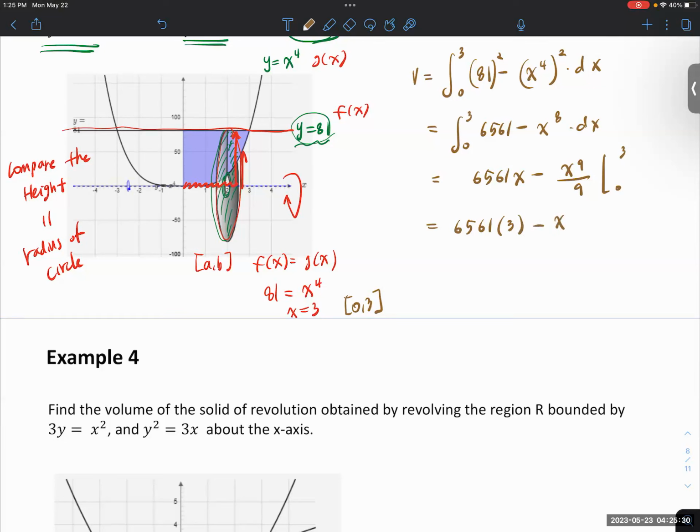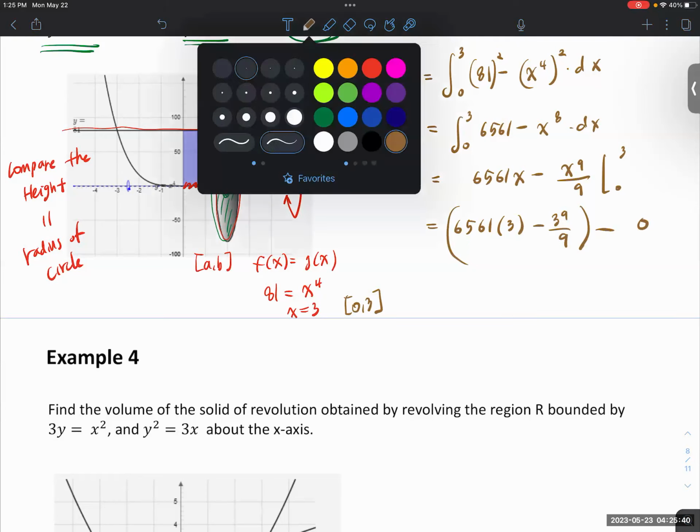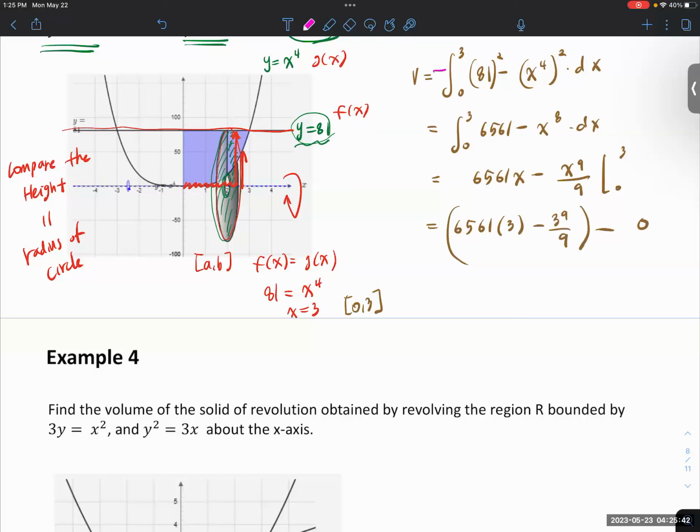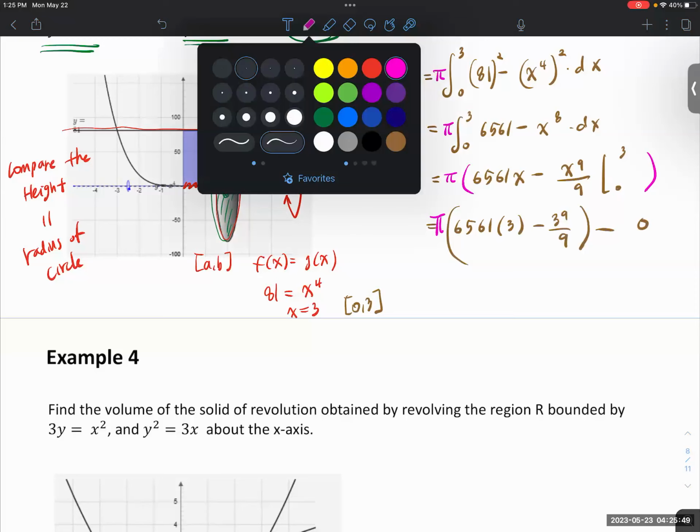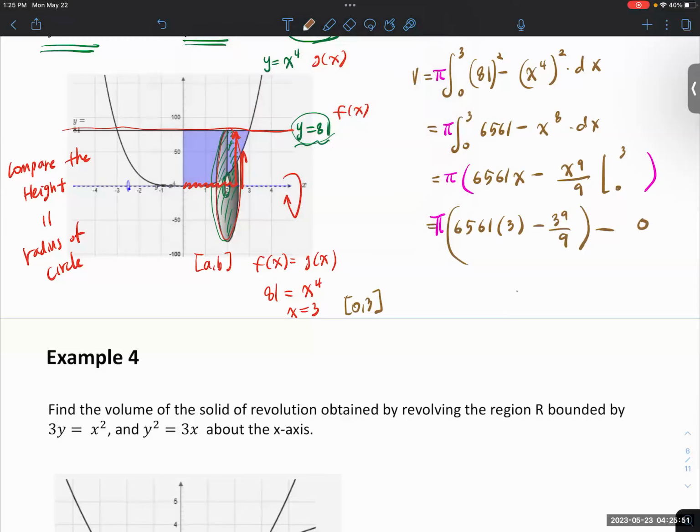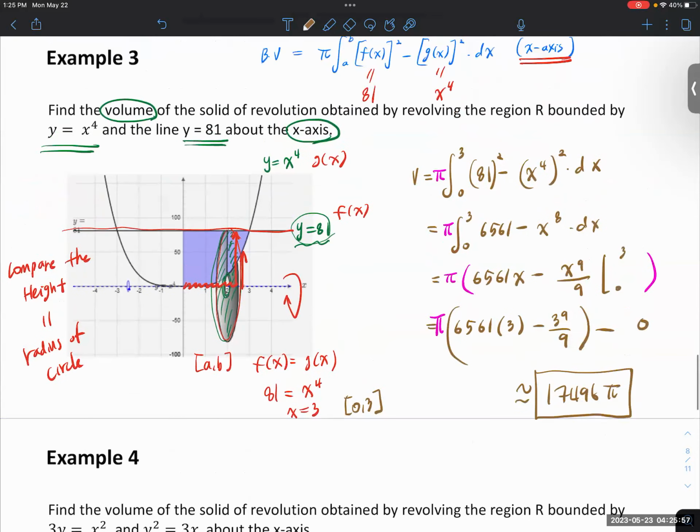Plug in x equals 3, 9 over 9, and then minus 0. Don't forget the pi. Why do I keep forgetting pi? There's a pi in the original formula. Calculate all this, and it's around 17496 pi. That's the volume between the two functions.